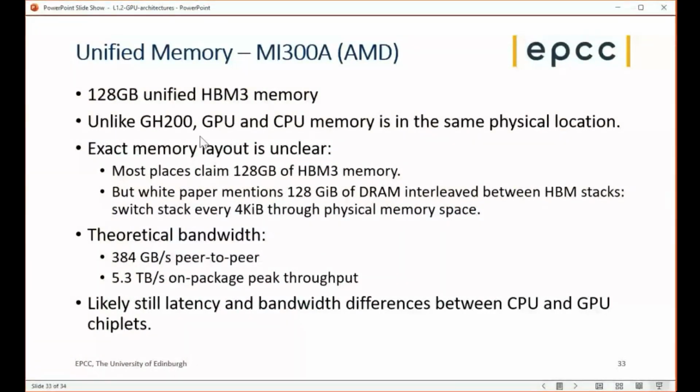Now, this isn't my slide, but someone's read the white paper, and it's not entirely clear how it's all laid out. But there is a lot of very high bandwidth available. There's a single block of high bandwidth memory, accessible by the GPU and the CPU, and you have many hundreds of gigabytes per second of memory bandwidth available to you.